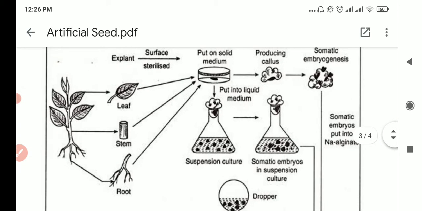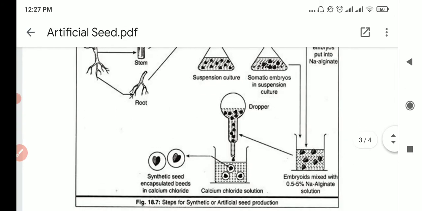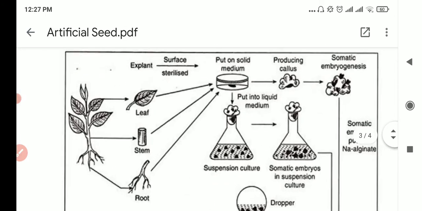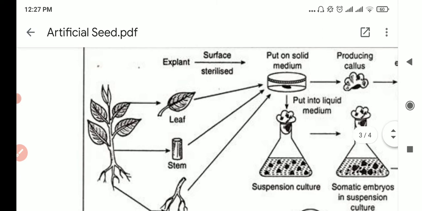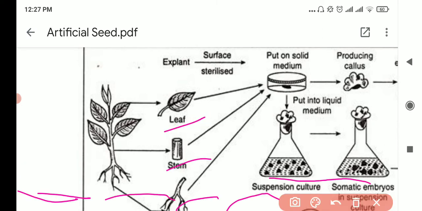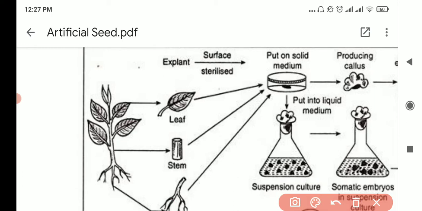Okay, directly we will look at the experiment. You start with a part of the plant, whether you take a leaf or a stem, it is your choice, the choice of the scientists. If it's easier to cultivate using a stem, you take the stem.